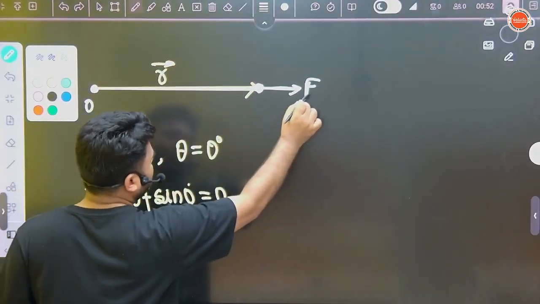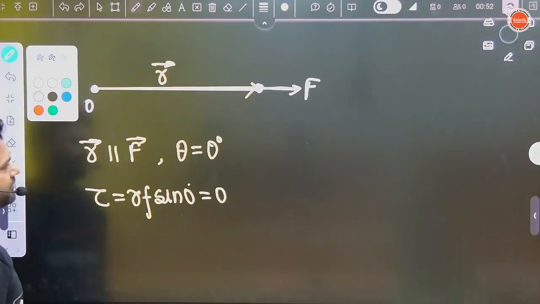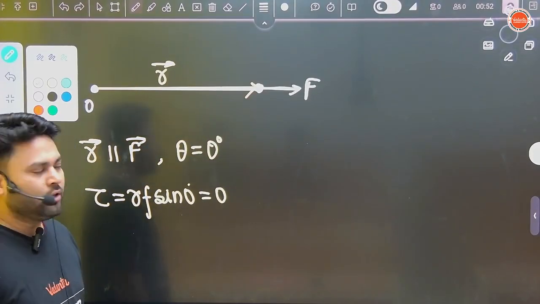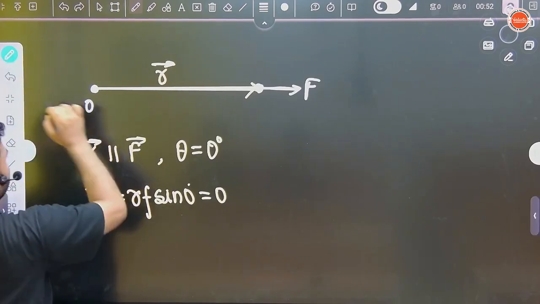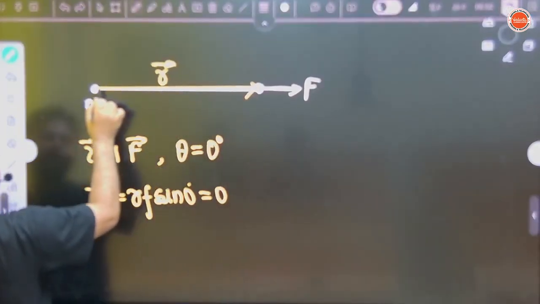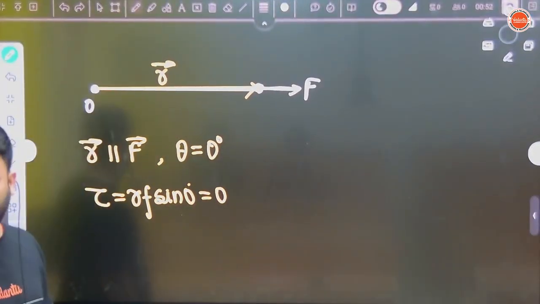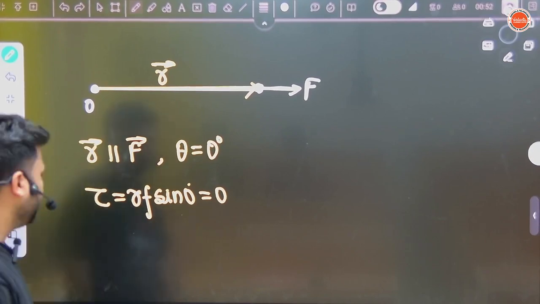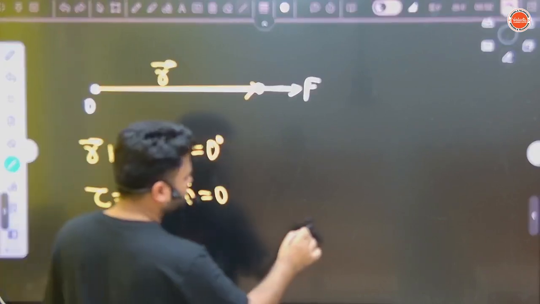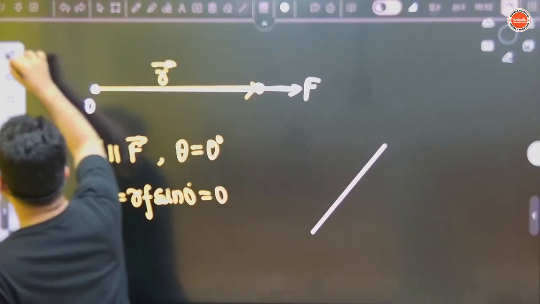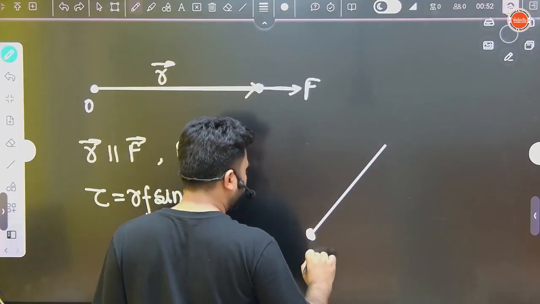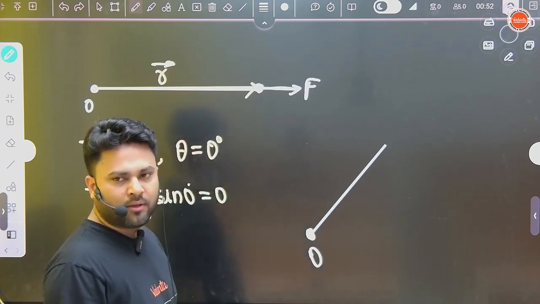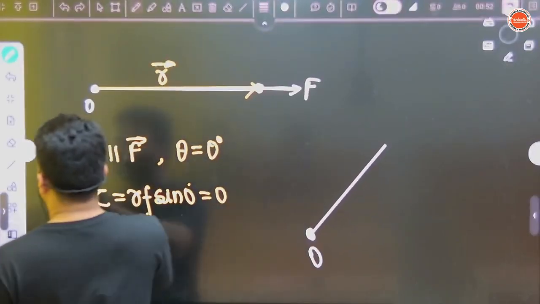So always remember, if the force or line of force passes through center of rotation, see this force, if I extend back, it passes through center of rotation, na? The object will not rotate. Like for example, this is my center of rotation, and you have applied force like this.